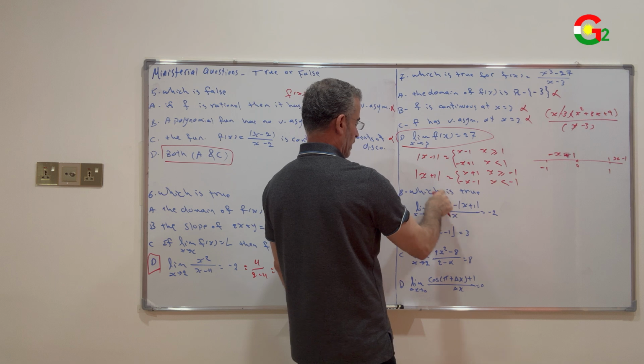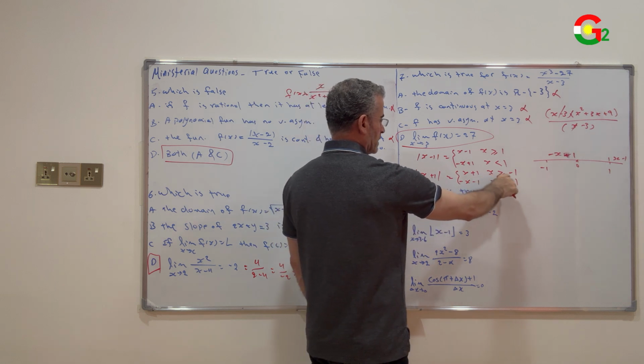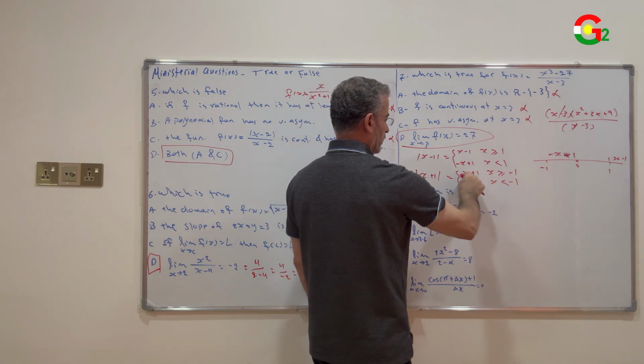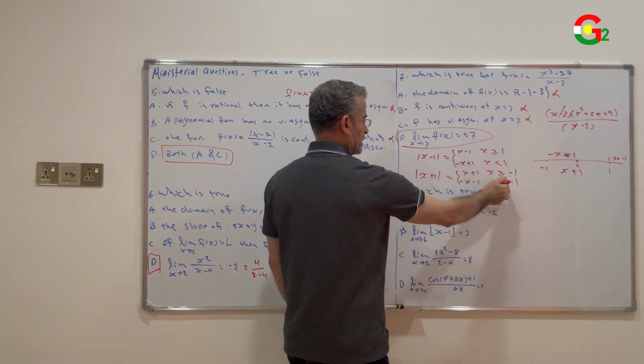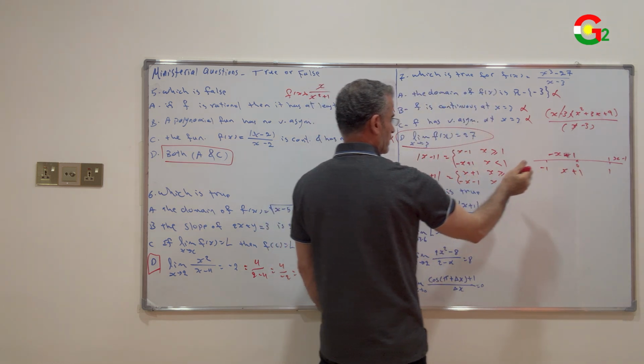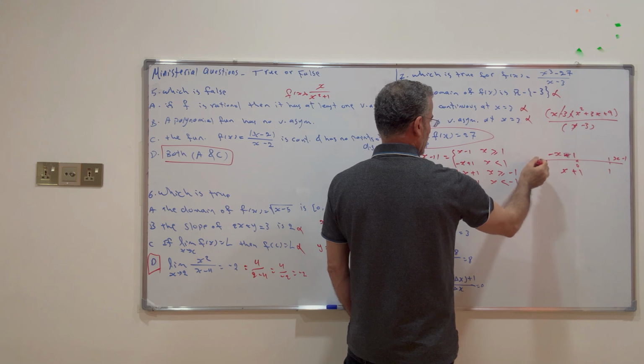For the second absolute value, when x is greater than or equal to negative 1, the function is x plus 1. When x is less than negative 1, the function is minus x minus 1.